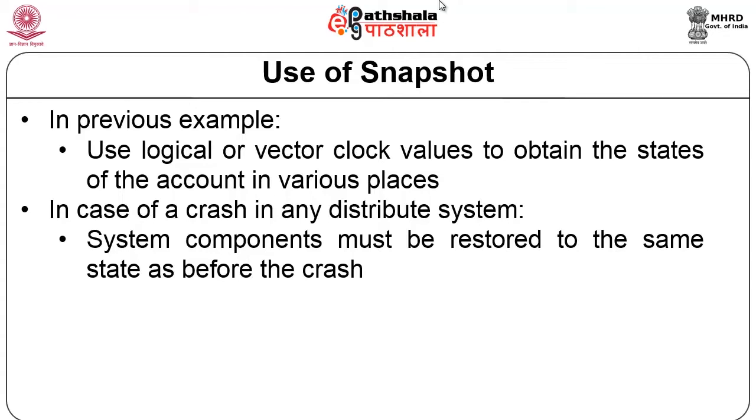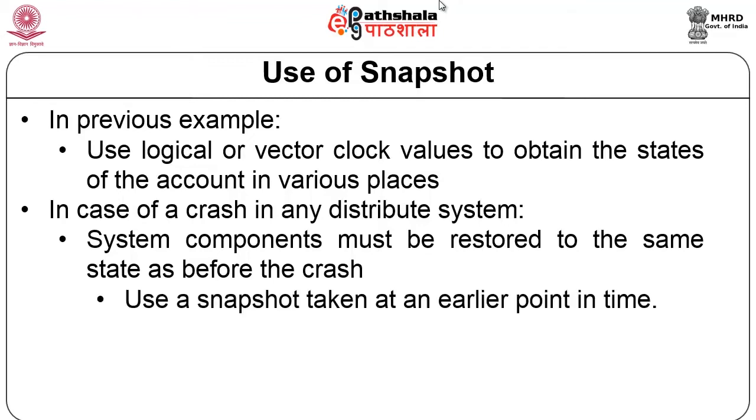So, we can take a snapshot every now and then and keep these snapshots, and whenever there is a crash of the system, we look at the most recent snapshot that we have, and we restore the system back to that point.